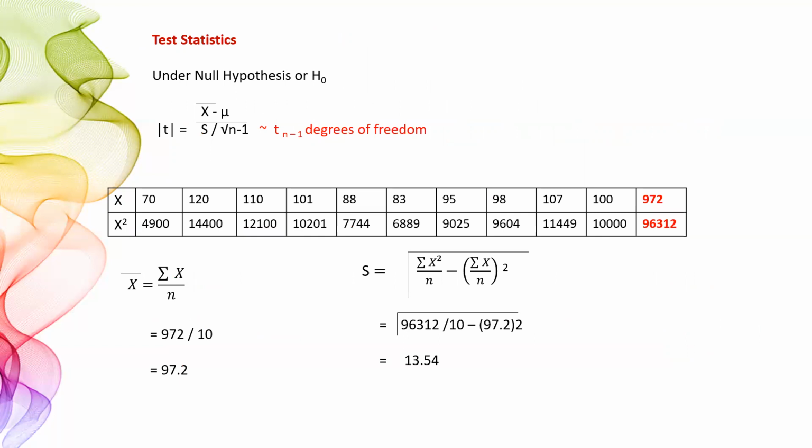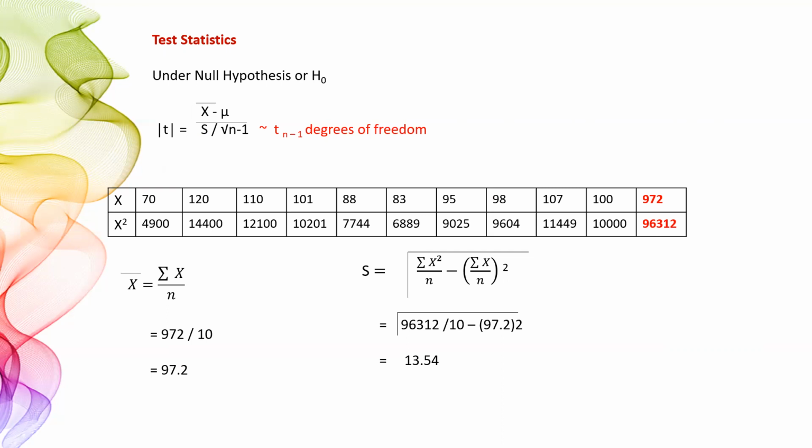Since this is raw data, we just add up all the values. So our table will have X and X square. The total value of X is 972 and the X square total is 96,312.